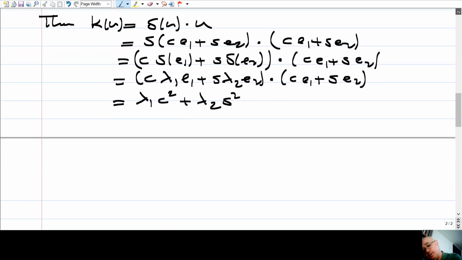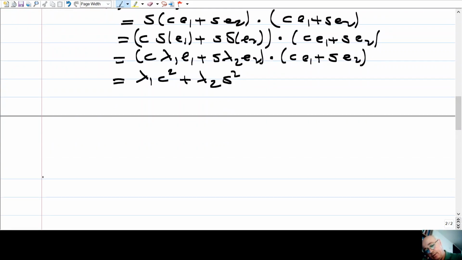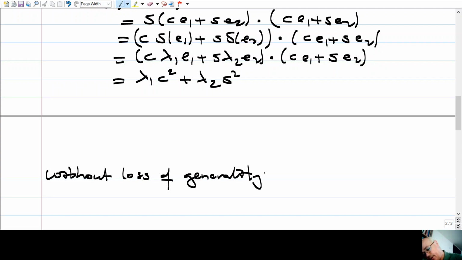Without loss of generality, assume that lambda 1 is greater than or equal to lambda 2.